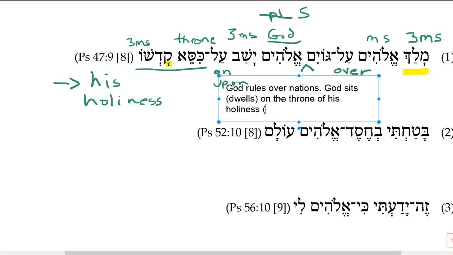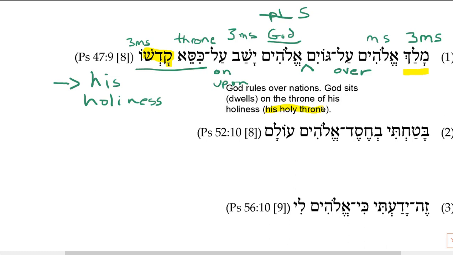And we could also translate this as his holy throne. That's a possible translation. So literally the throne of his holiness. We could also say his holy throne. If a noun like holiness has a corresponding adjective, holy, we can sometimes translate using that adjective.